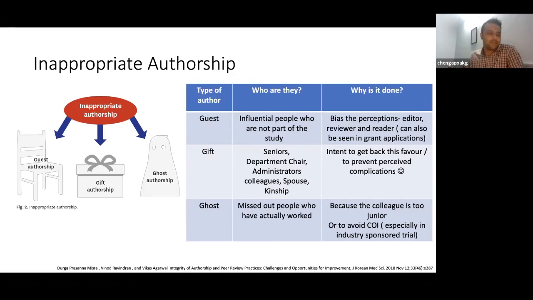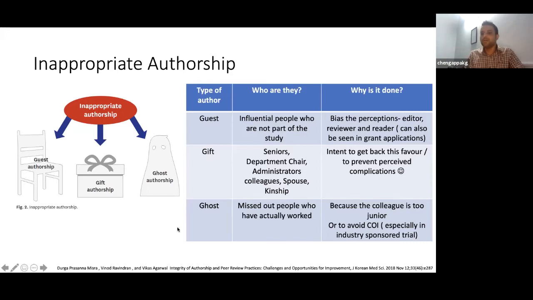It's not a very difficult thing to guess why this is done. It is usually done to get back a favor or not to fall in the bad books of your seniors or others. And then there is a ghost author. Here, somebody has done all the work, but when the manuscript comes out, that individual's name is not there. So the person becomes a ghost.